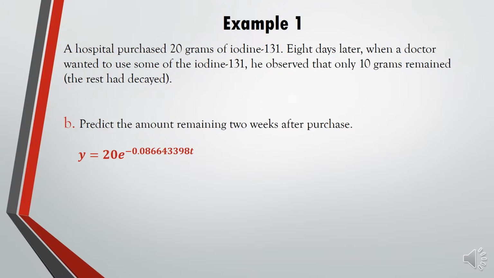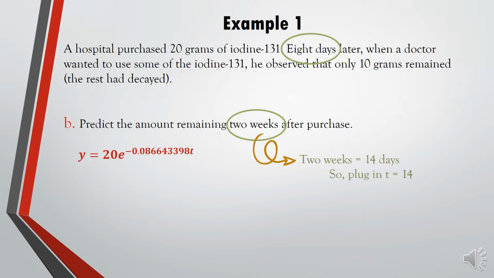Something I want you to notice here is that in our original model, they used days, but this is asking for the amount after 2 weeks. Since our model was developed with days, we need to be plugging in a number of days, not a number of weeks. So let's convert weeks into days. We know that in 2 weeks there are 14 days, so we should plug in t equals 14.